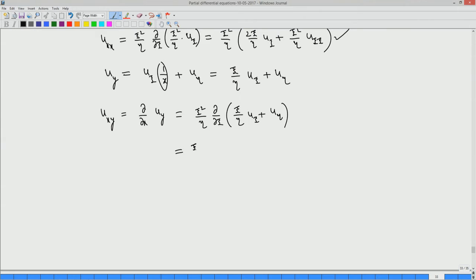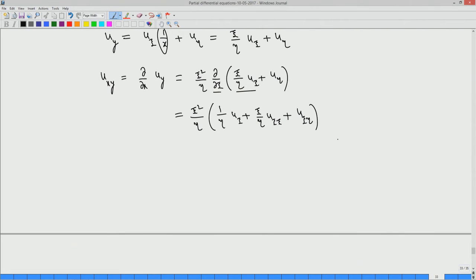You are simply differentiating this product of functions: 1 by eta u xi plus xi by eta u xi xi plus u xi eta.